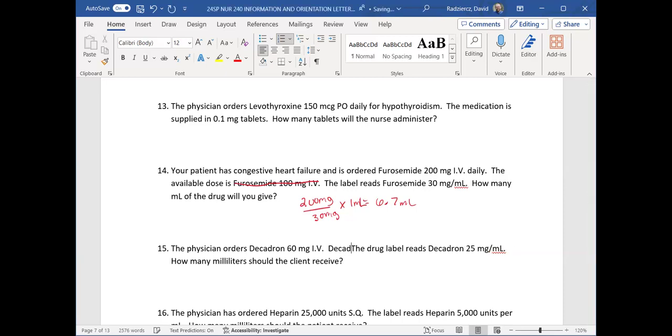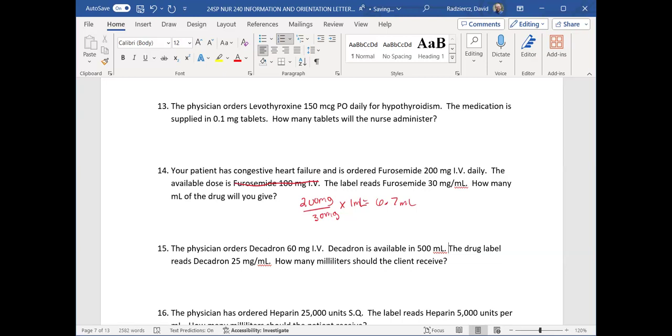Decadron is available in 500 milliliters, and then the drug label reads, you just need to know that if you're talking about IV or an injectable, you need to know how to get to milliliters.